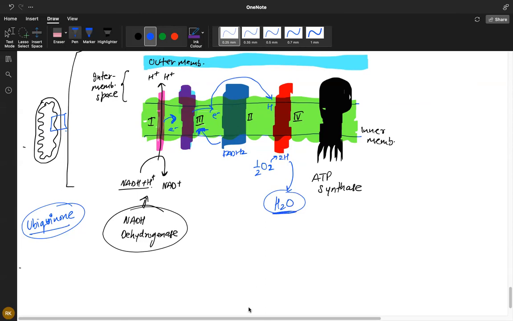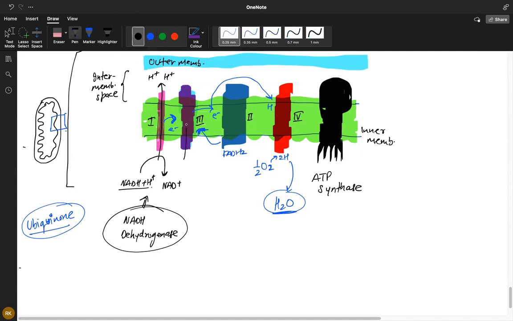So complex 1 to 3, 3 to 4, and 2 in between helps in the reduction of ubiquinone in complex 3. That's all you have to know. There are a lot of other things happening, but you don't have to worry about that. And remember that there are 3 complexes. Just leave complex 2. Complex 2 does not play a part in maintaining the proton gradient.